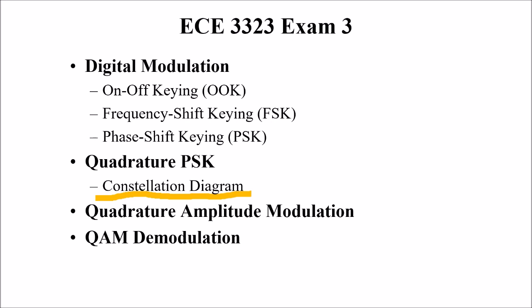We looked at block diagrams that would produce a quadrature amplitude modulated signal and the corresponding constellation diagrams, and then discussed how we can use synchronous demodulation to retrieve the symbol values from the quadrature AM signal.